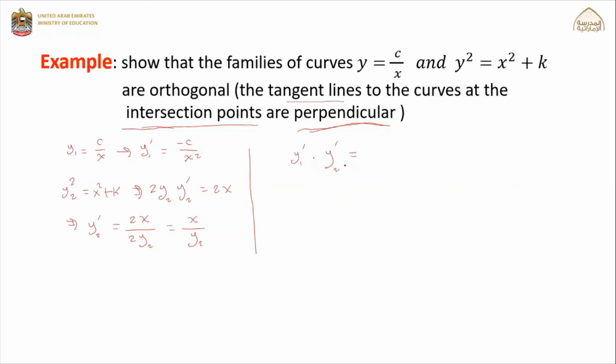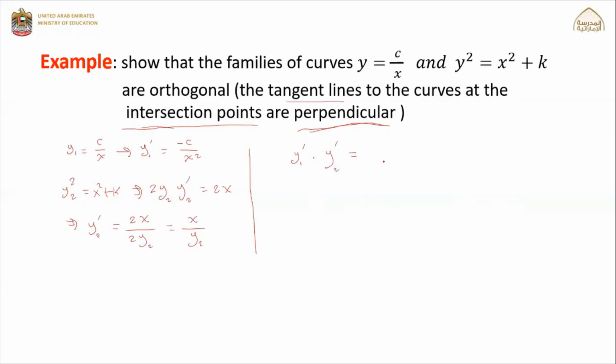If I can prove that this value equals negative 1, that means they have perpendicular tangent lines at the intersection point, so they are orthogonal.